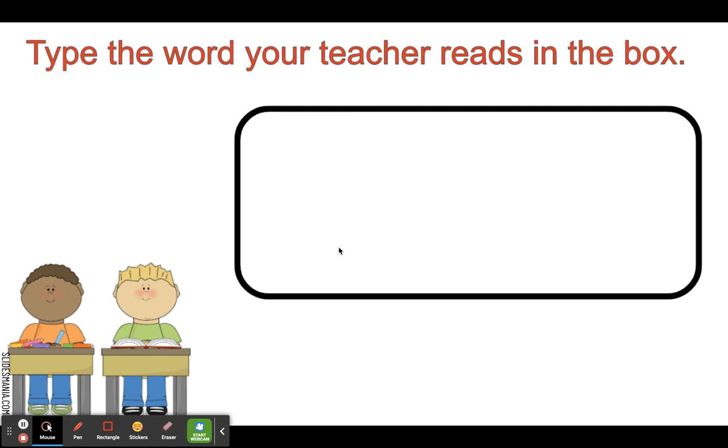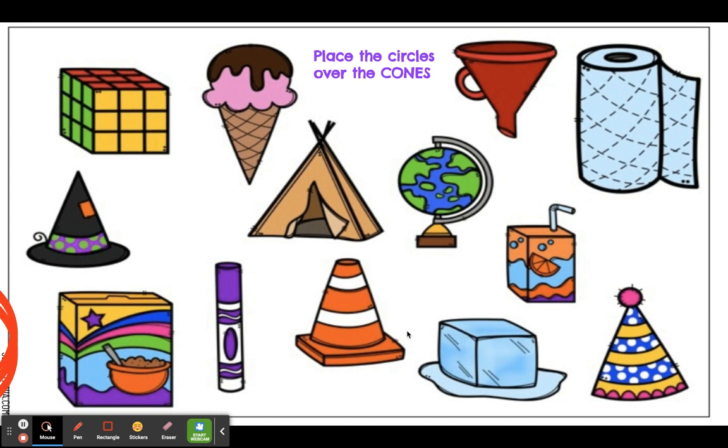Another way is that you read a word and have them type it, okay? Boy. The boy will sit at the desk, boy. All right, so they come in this empty space and simply type their word. Another one is to put a ton of images on the screen, and then there are some circles over here.